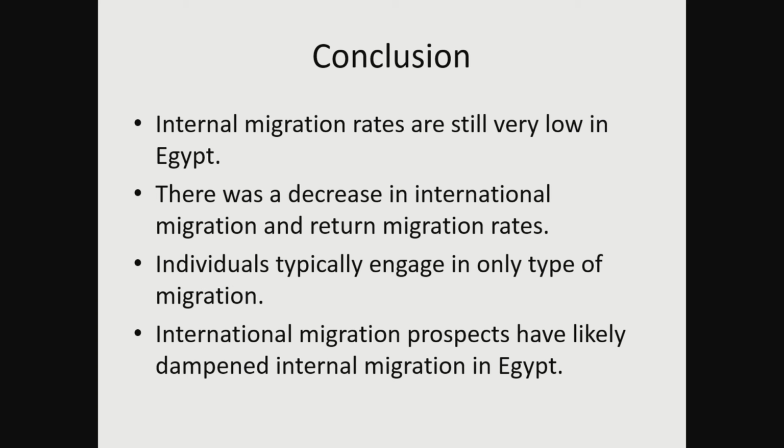We're expecting actually to see that if international migration decreases over the next years, we might see maybe an increase in internal migration in Egypt as a repercussion, but we are not yet sure that we'll be able to see that. So this is it.